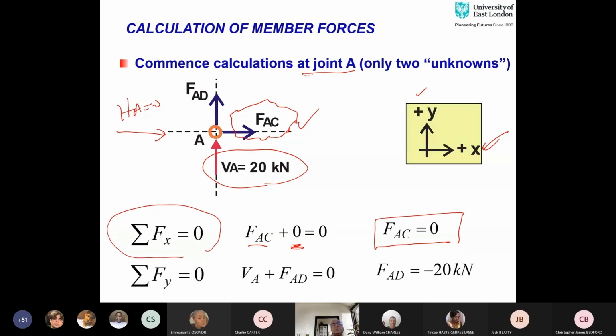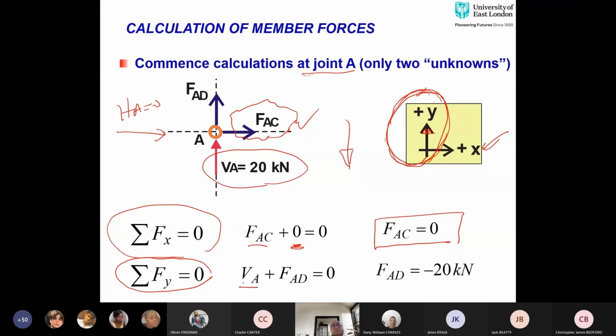And then my next step would be summation of vertical forces equal to 0. How many vertical forces are acting on this joint? 2. And are they pointing upwards or downwards? Both of them are pointing upwards. If I compare it with this global axis direction, VA is upwards, FAD is pointing upwards as well. That's the reason I will simply add them up.